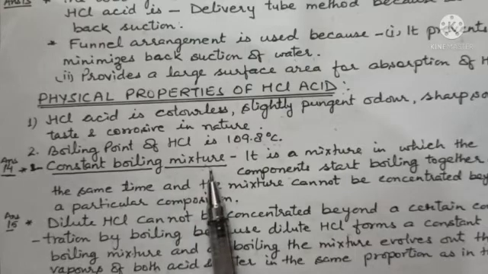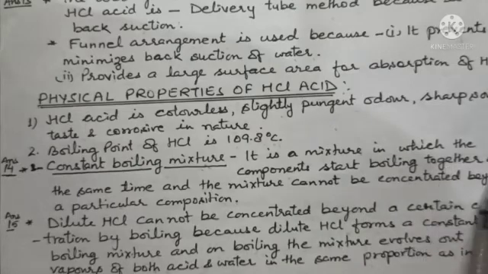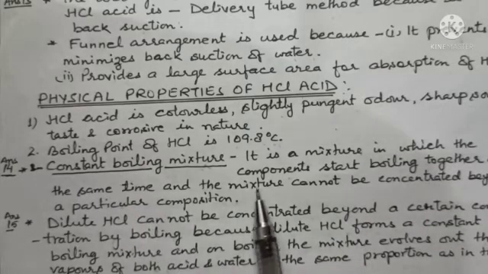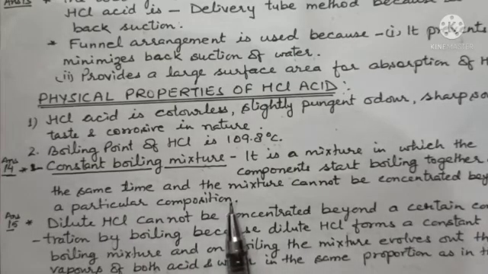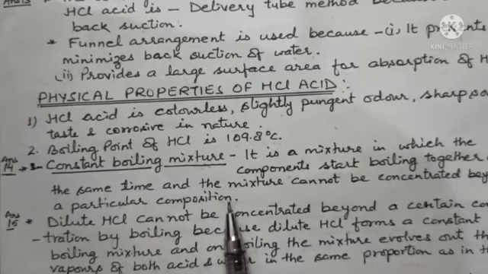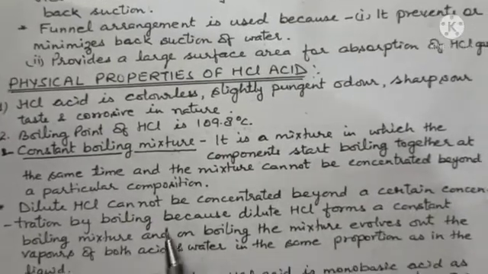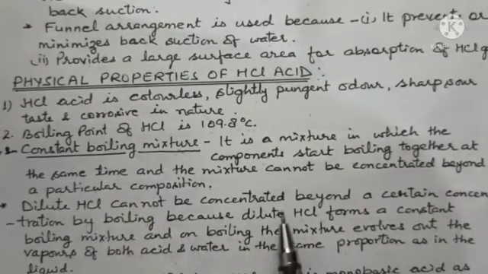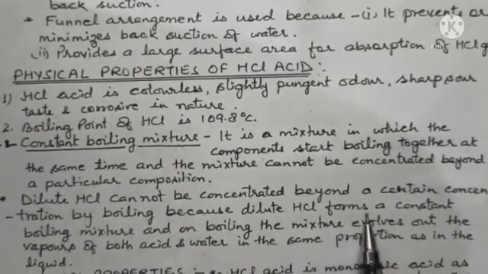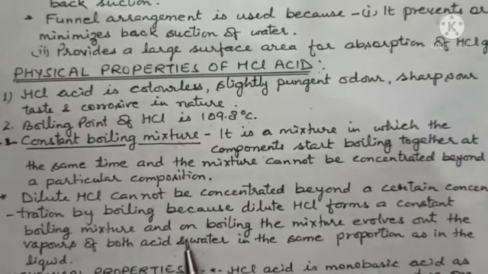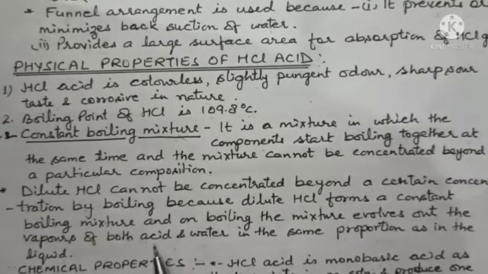And what is a constant boiling mixture? It is a mixture in which the components start boiling together at the same time, and the mixture cannot be concentrated beyond a particular composition. Dilute hydrochloric acid cannot be concentrated beyond a certain concentration by boiling because it forms a constant boiling mixture, and on boiling the mixture evolves vapors of both acid and water.